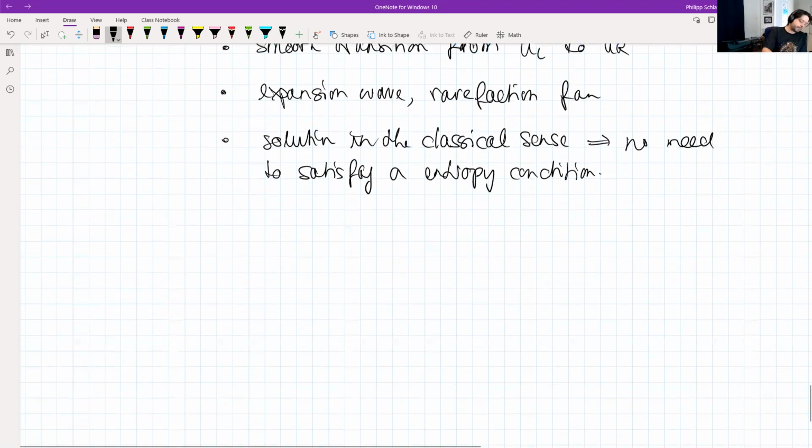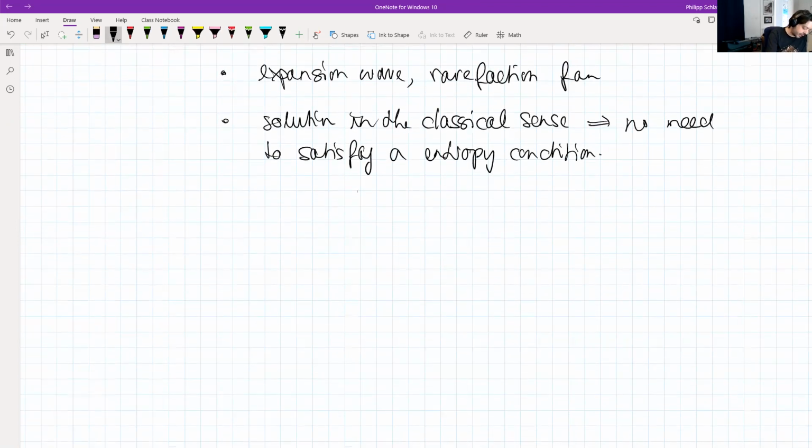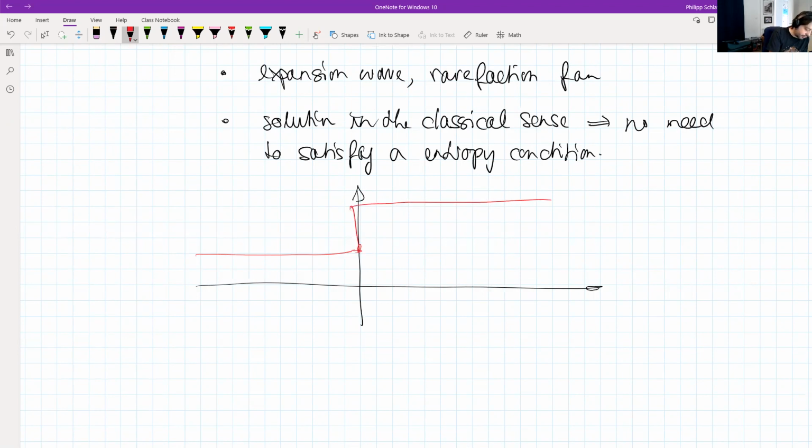Okay, now how does the solution look? So the exact solution, even that I can briefly draw. We had it before. So if I have UL and then UR, and this now evolves over time, well, we know that this point here will move to the right with the speed of UL, something like this, up to that point here.